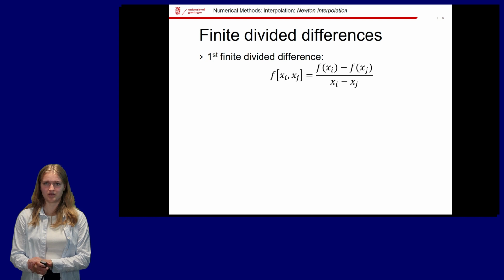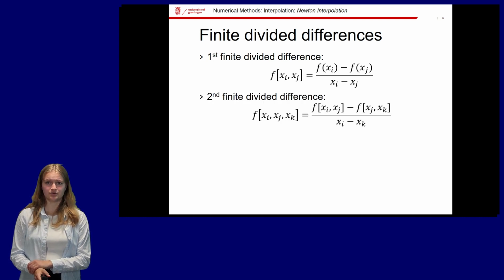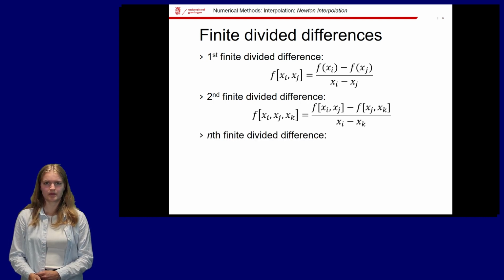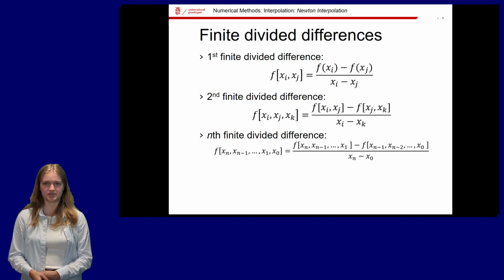So this is given by f of xi minus f of xj over xi minus xj. And then you use the first divided difference to calculate the second one. And in such a way you can continue until you obtain this expression for the nth finite divided difference.